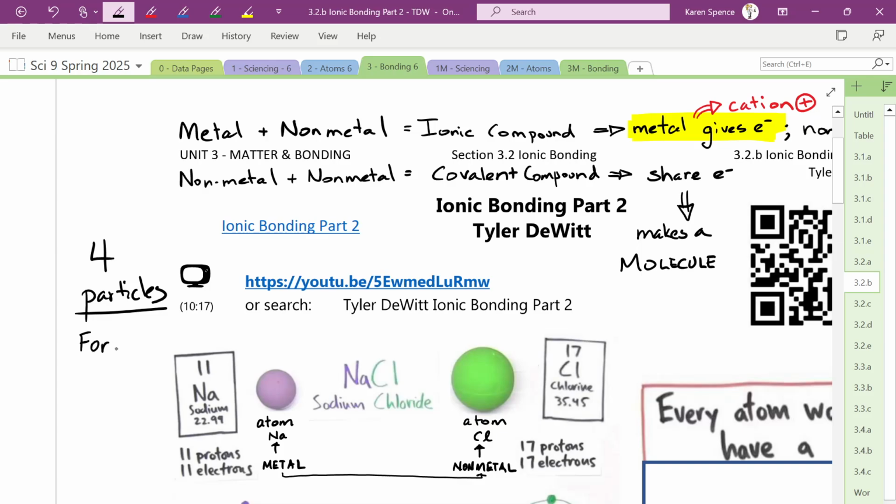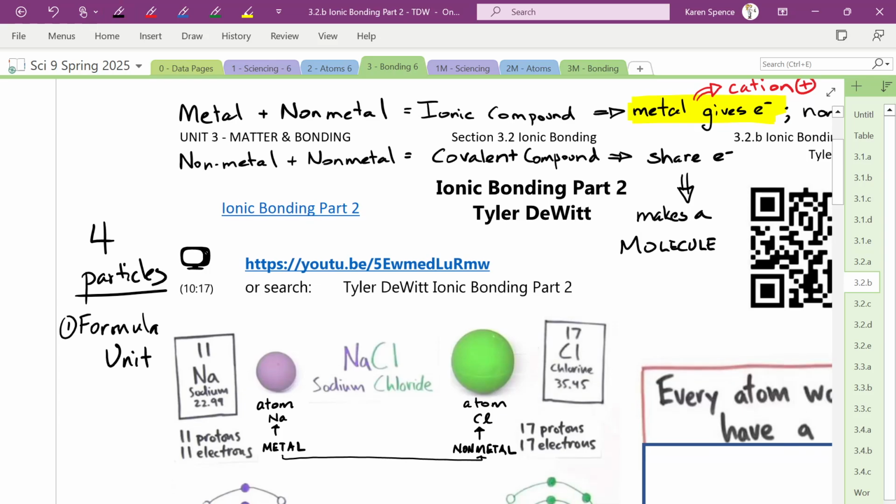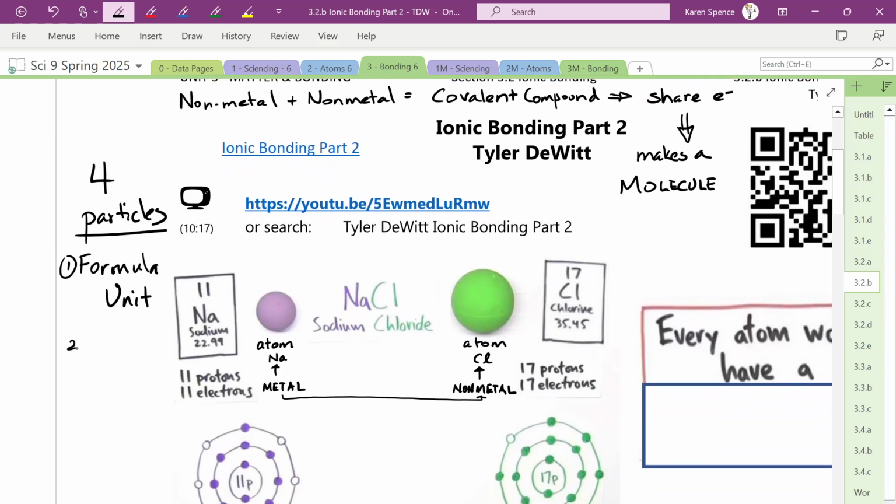Oh, yes. So formula unit is one type of particle. Atom. Molecule. Yep.